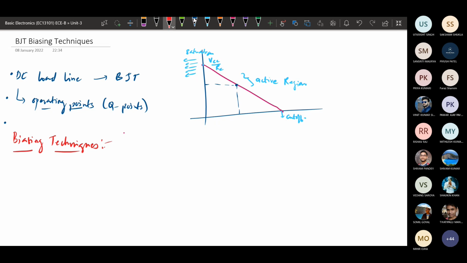There are different biasing techniques available in the case of BJTs, and we will see a few of them. The first one that we will see is fixed bias. The second is collector to base bias, and the third one is self bias.